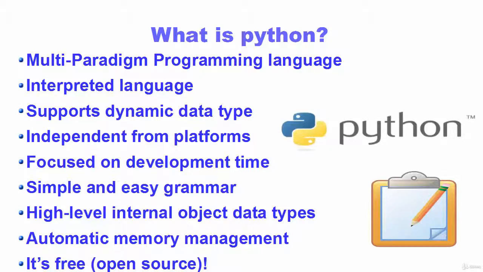Now, Python supports dynamic data types. To understand this, we need to understand the difference between statically typed programming languages and dynamically typed programming languages. Statically typed programming languages do the type checking at compile time, and dynamically typed programming languages do type checking at runtime as opposed to compile time.